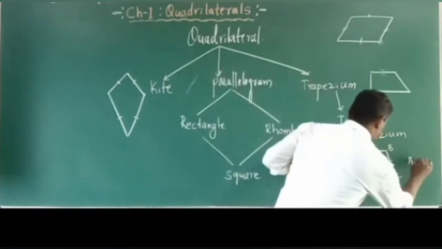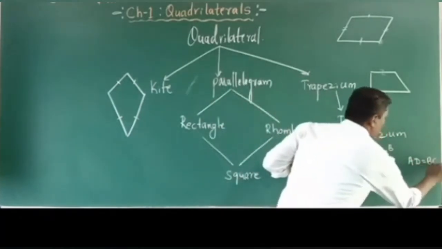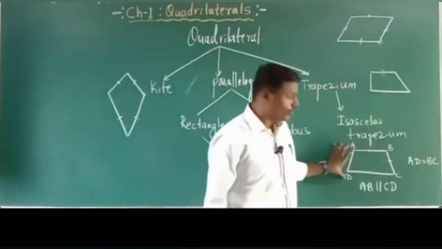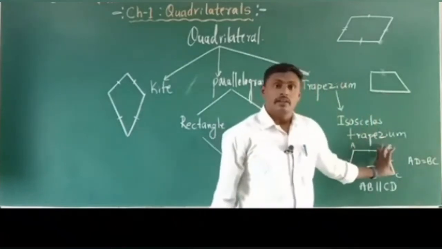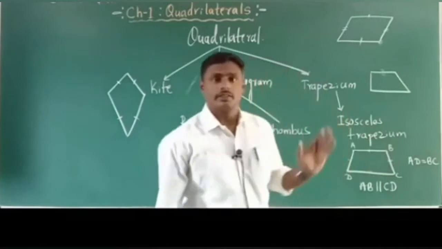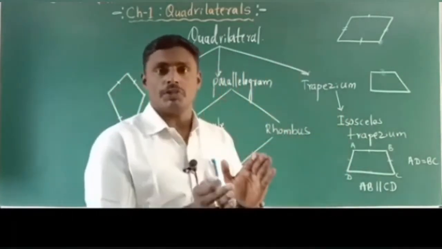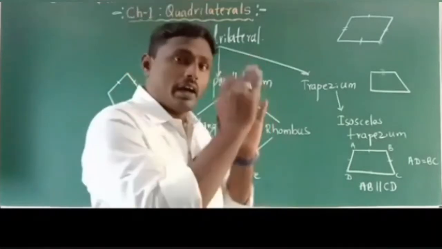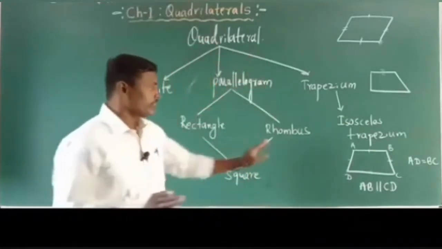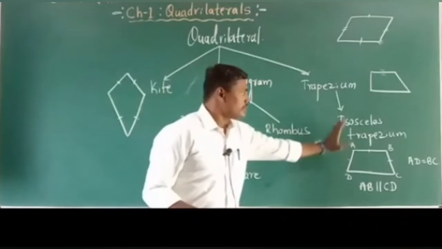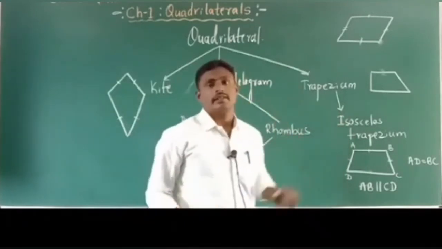It means AD is equal to BC. The length of AD is equal to the length of BC. So in an isosceles trapezium, one pair of opposite sides are parallel and another pair has equal length. So this is the isosceles trapezium.